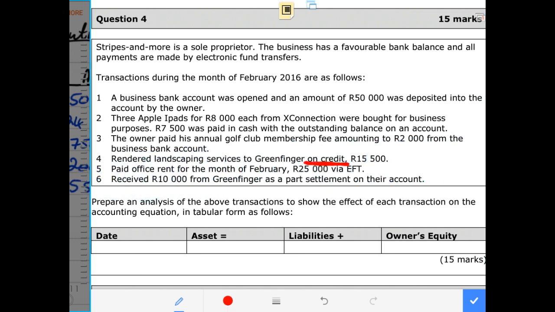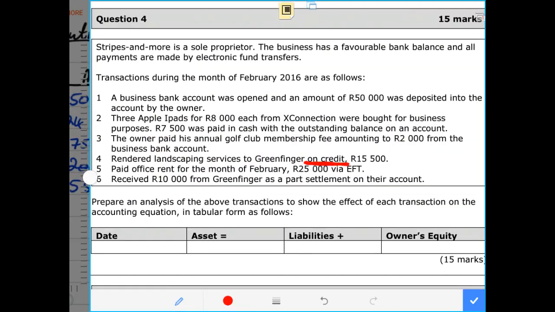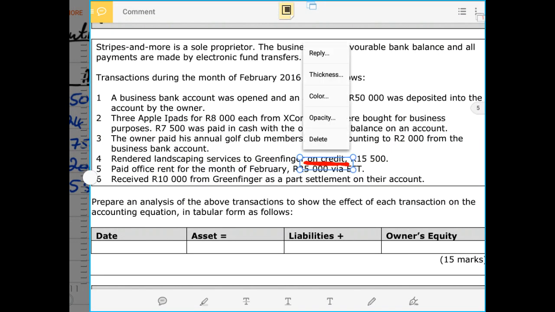That is why we recorded that under assets, 15,500 being account receivables. It's because the business rendered a service on account, meaning on credit. Therefore now the debtors, or the people who owe the business, are increasing by 15,500.